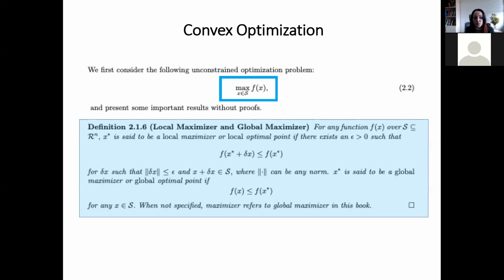Meaning x star is said to be a global maximizer if no matter where you go in the set, the function value is not going to increase over what it is at the point x star. In the rest, whenever we say maximum or maximizer, we refer to a global maximizer over the defined set S.